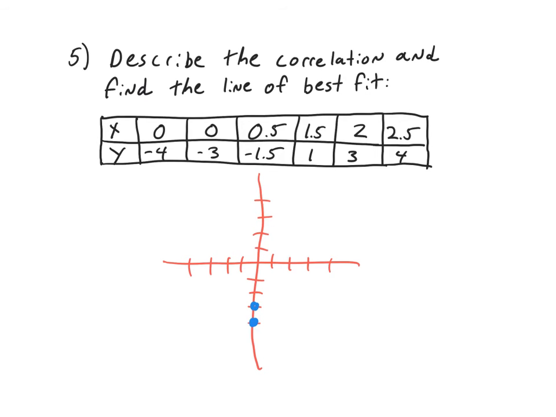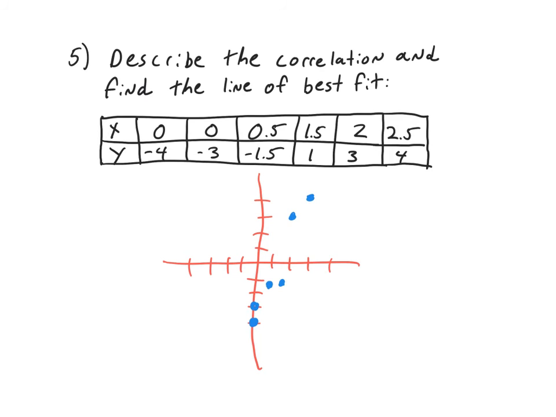X is 0.5, y is -1.5. Be about here. X is 1.5 and y is 1. X is 2 and y is 3. And then x is 2.5 and y is 4.